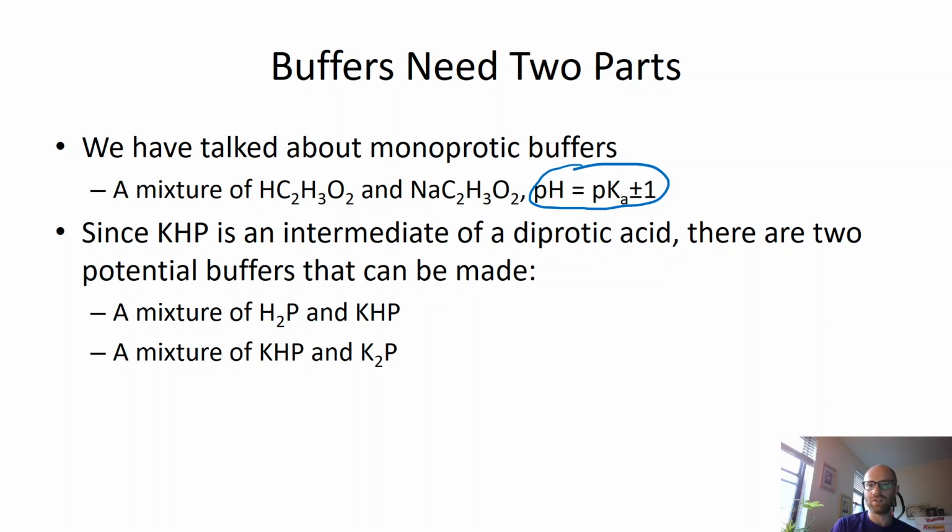And if we just do a complete linear extrapolation of what that model looks like, we can make two models of what a buffer might look like in a KHP situation.